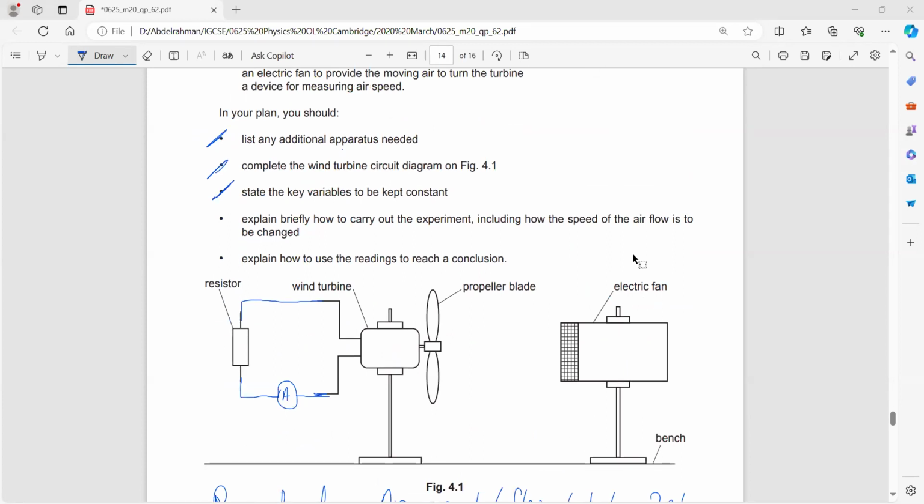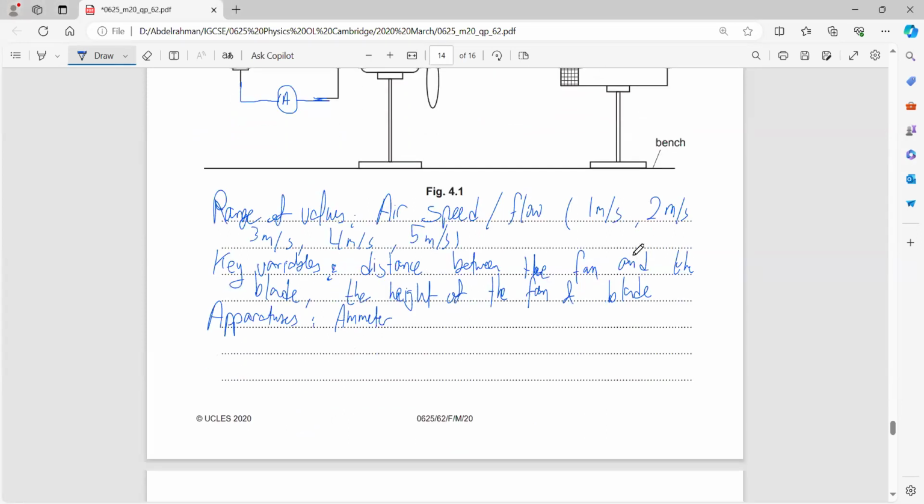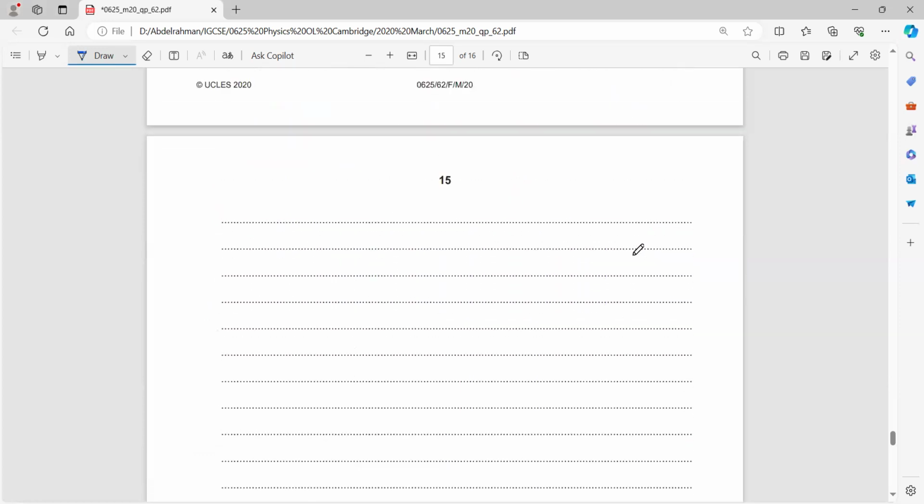What's the method? What are the steps that I will be conducting for this experiment? Method, quite easily. For each air speed, what will I do? Record the current in the ammeter.